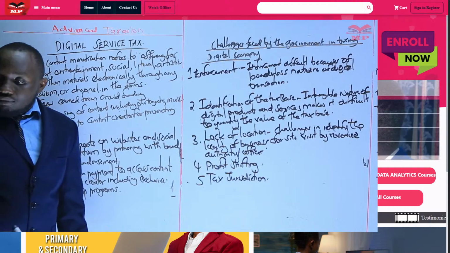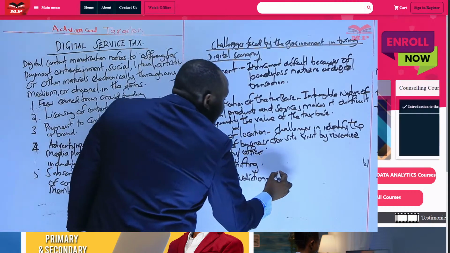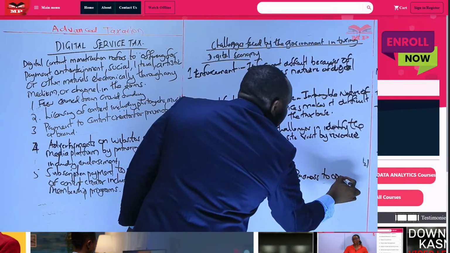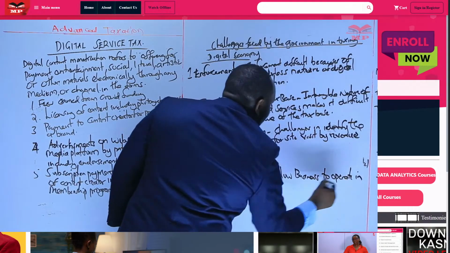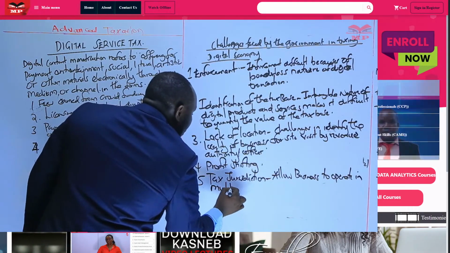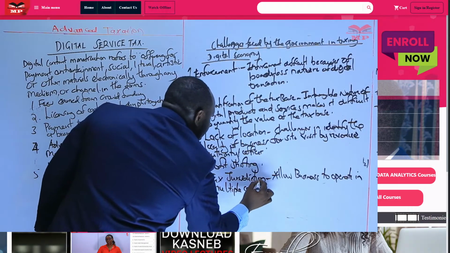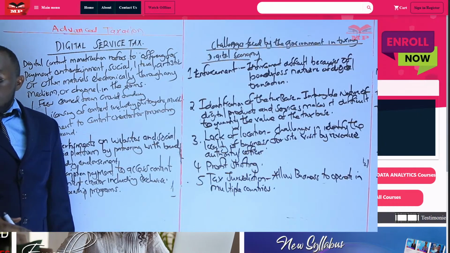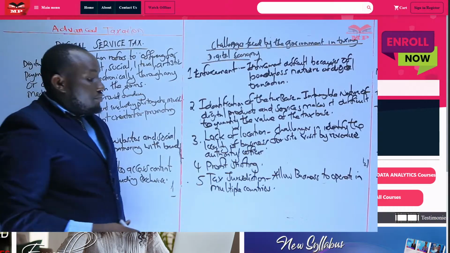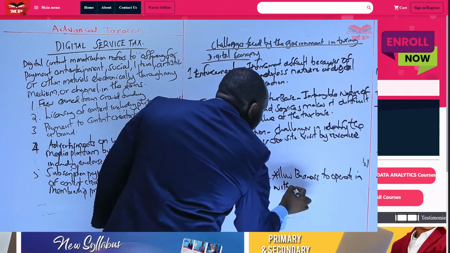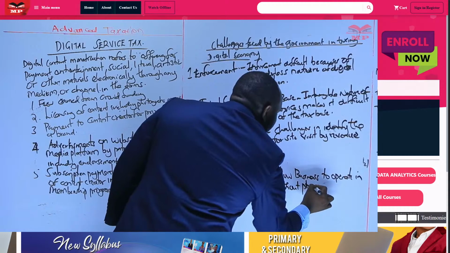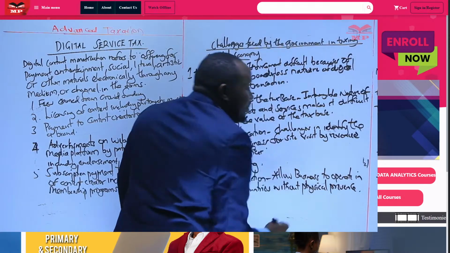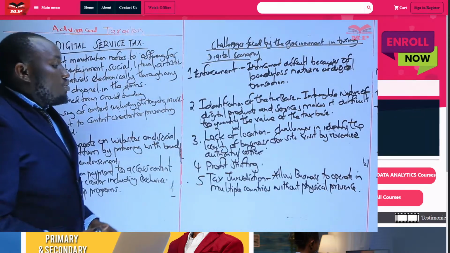The digital economy allows a business to operate in multiple countries without physical presence. You can operate in even 5 countries without physical presence.